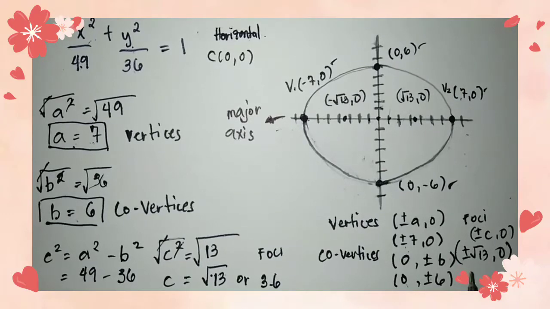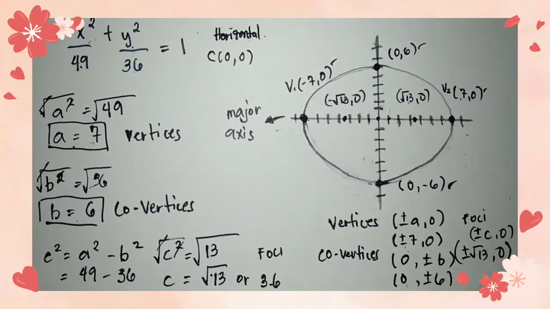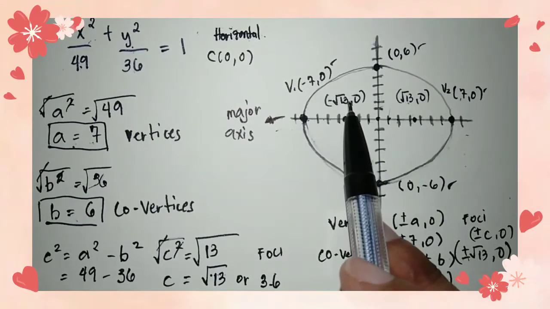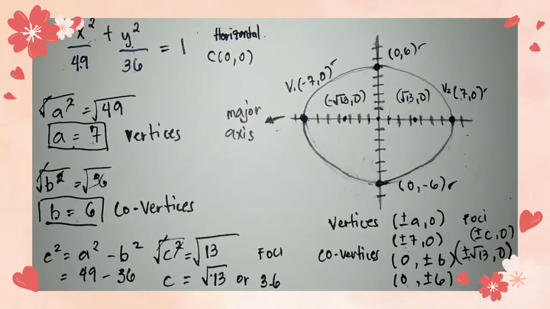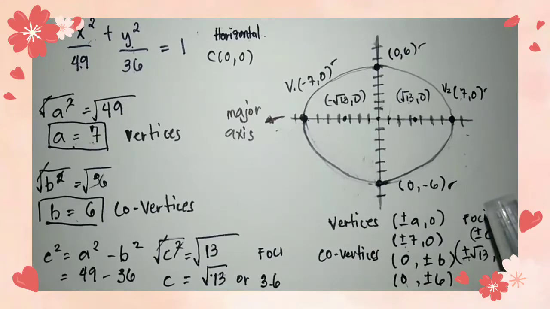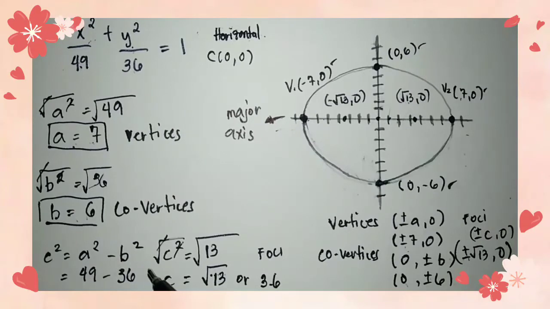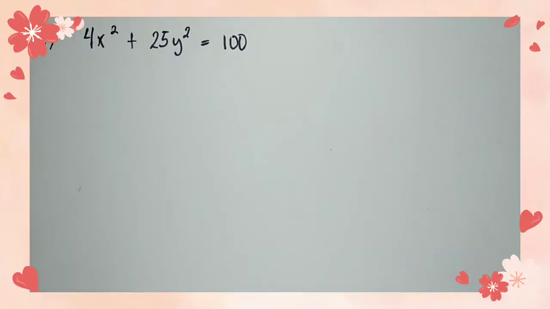So we have positive and negative square root of 13, positive square root of 13 and 0, negative square root of 13 and 0. So yun yung ating foci. Meaning to say, nakapag-graph tayo ng ellipse even without memorizing this formula for vertices, co-vertices, and foci. Ang ginamit lang natin is si A, si B, and C. Okay?